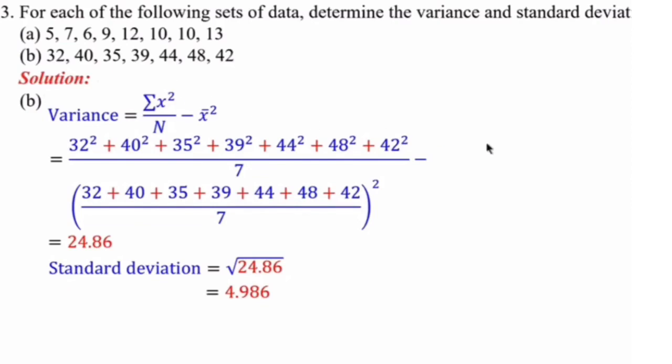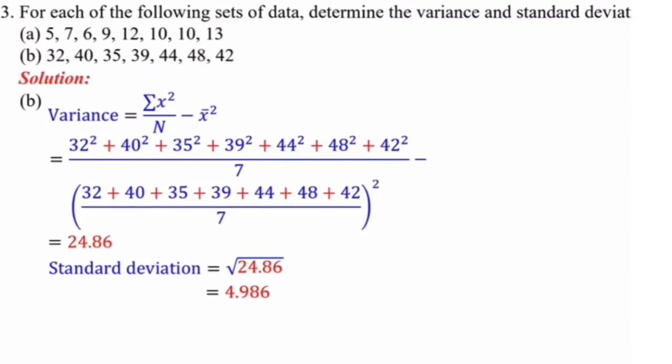So please try to use the shortcut formula, because this is simpler and easier and saves your time compared to the other formula whereby you find the difference between the data and the mean. That one is a bit time consuming.